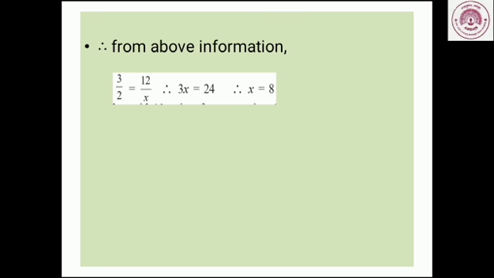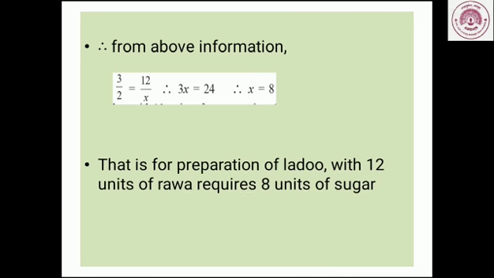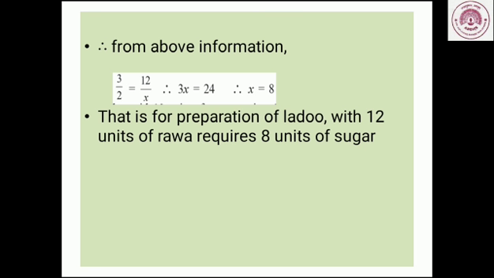After cross multiplication, we will get 3x equals 24. Therefore, x equals 8. That is, for preparation of laddu with 12 units of rava, it will require 8 units of sugar.